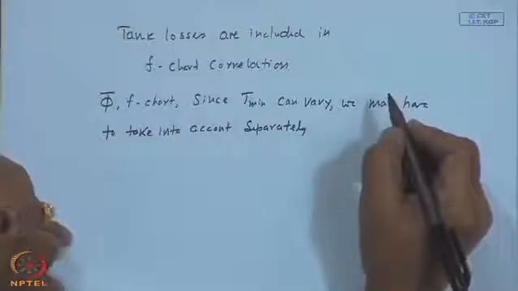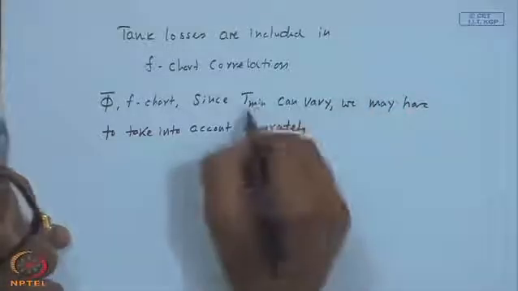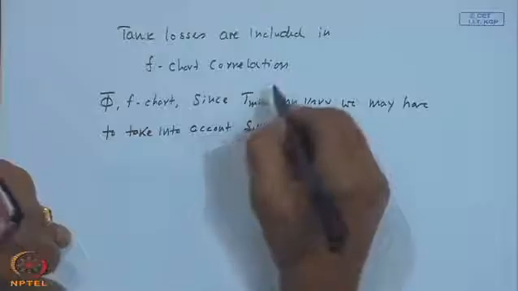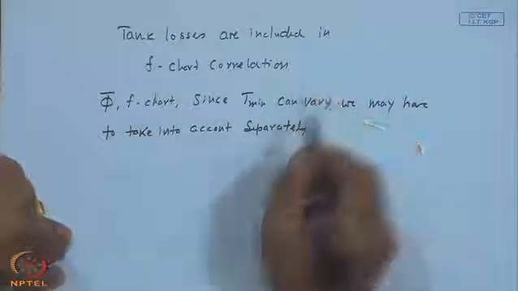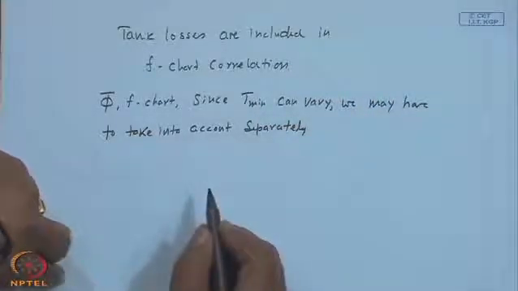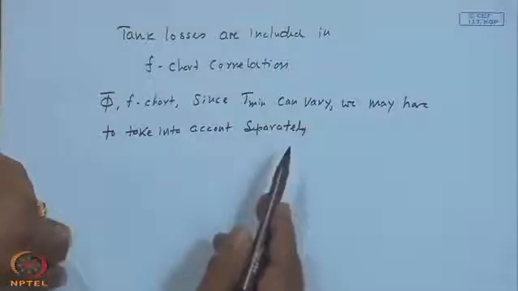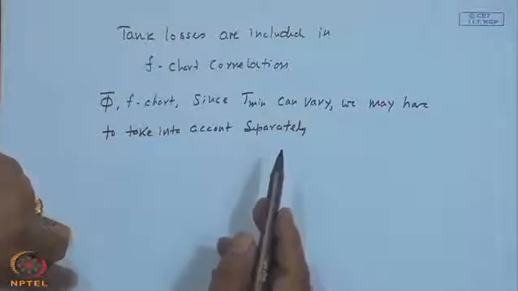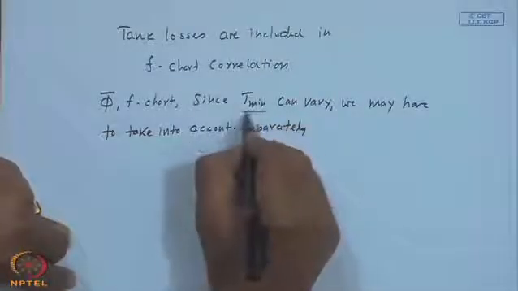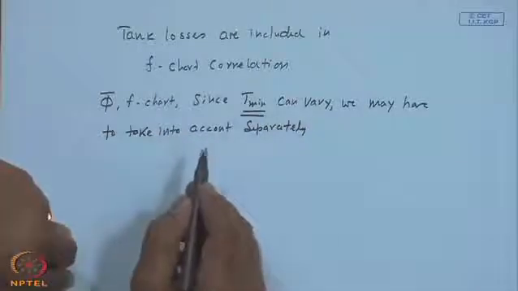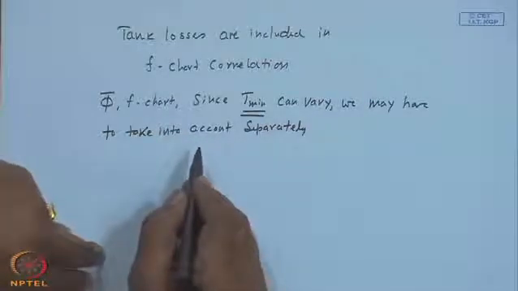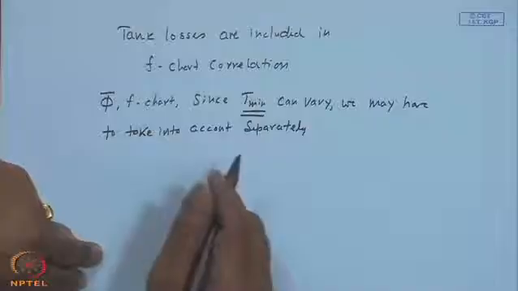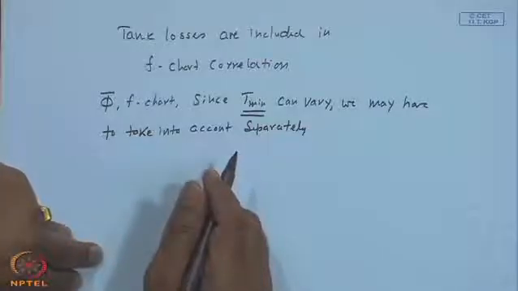whereas if T minimum varies from 20 to 60 to 80 C, my tank losses could be quite significantly different. So, you may have to include them separately. Similarly, heat exchanger also, depending upon the temperature and the load condition, its effectiveness and its transfer capability may be varying.